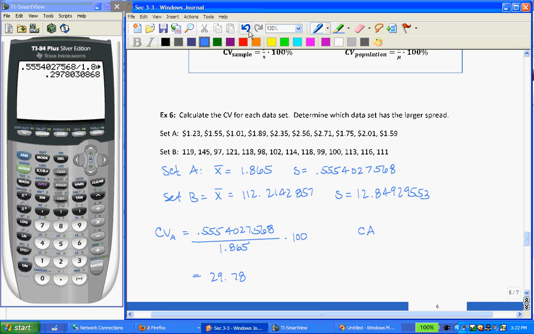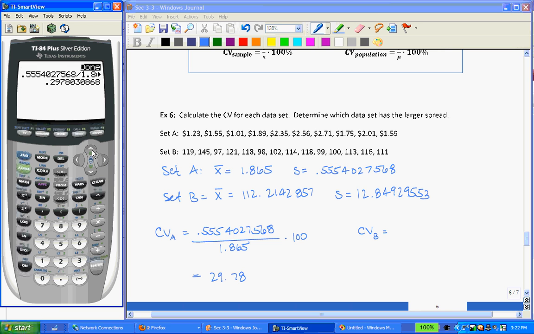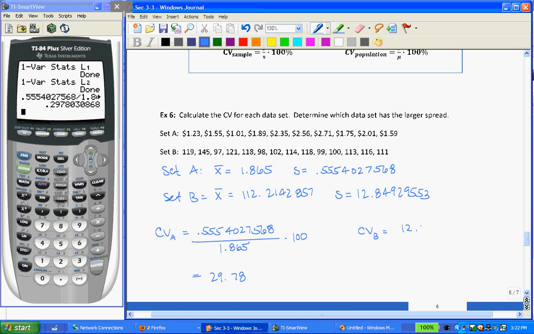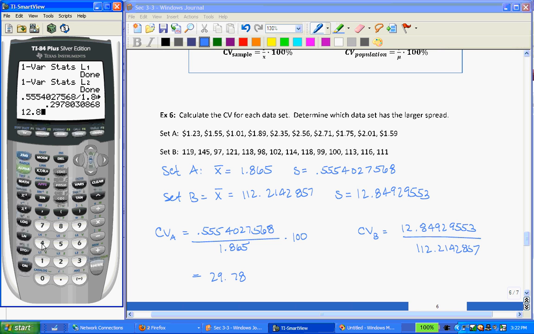And the coefficient of variation for B would be standard deviation over the mean, times 100.